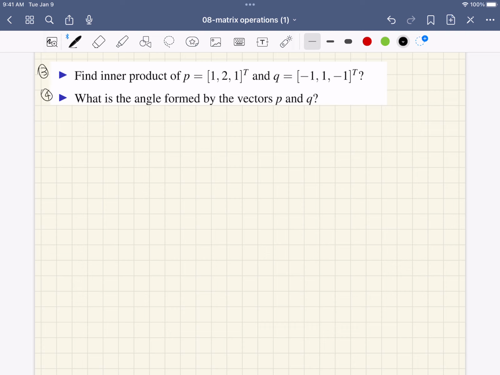So for the inner product, we write P dot Q, and P is given as the transpose of a row vector, which is a column vector.